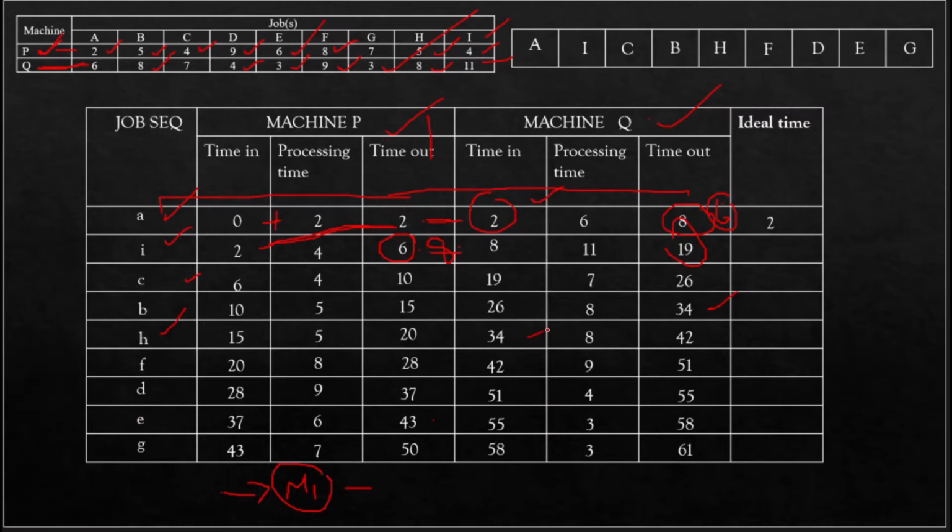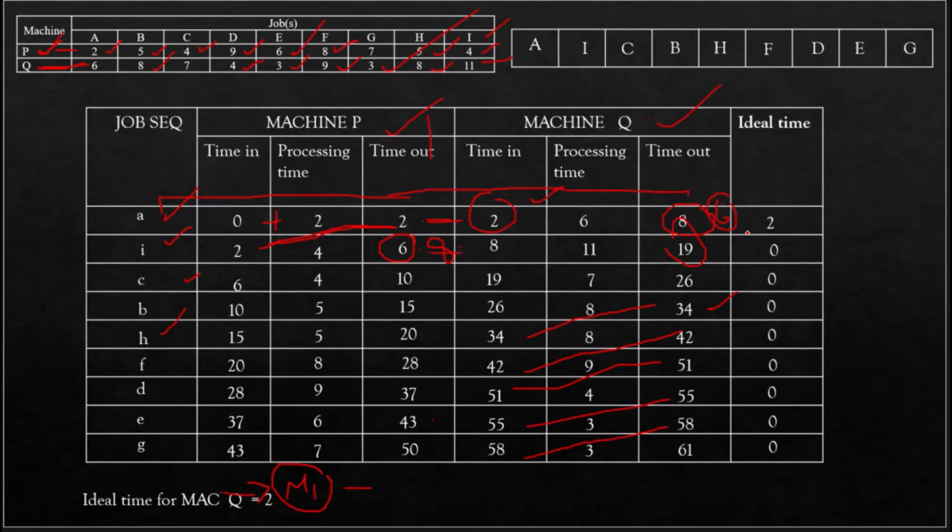See, 34, 34 means the out time becomes the in time. 42, 42 means here it indicates that machine 2 was not idle. So in the first job A itself only machine 2 was idle, and the remaining time it was doing work. So the total idle time of machine Q is 2 hours.